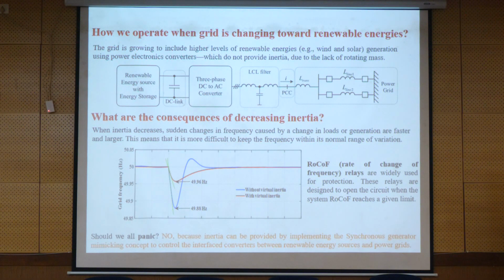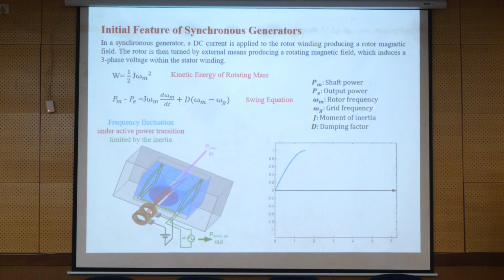We call this type of power electronic generator a virtual synchronous generator. The reason is that we use power electronics, but we emulate the behavior of the synchronous generator in the operation of the system. This converter behaves like a synchronous generator. So this is not a synchronous generator, it behaves like one, so it's a virtual synchronous generator.